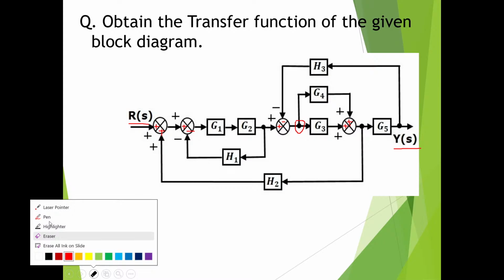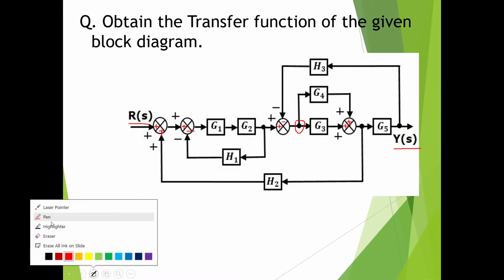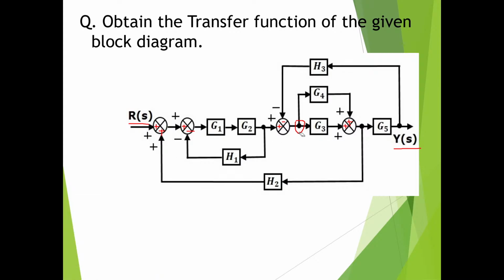So you just carefully observe the signals, meaning the arrow marks here. From this branch point, the arrow is moving towards G3. From G3, it is moving towards the summing point. From this branch point, a signal has also started moving towards G4.